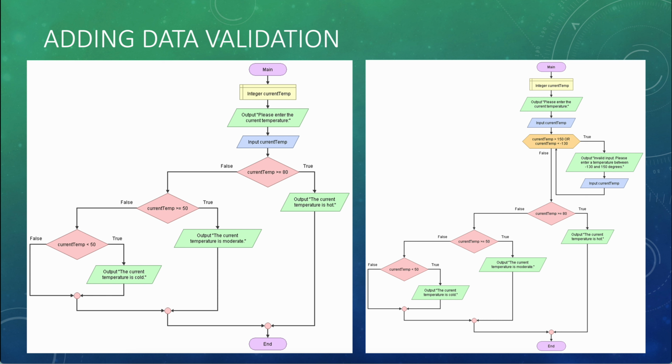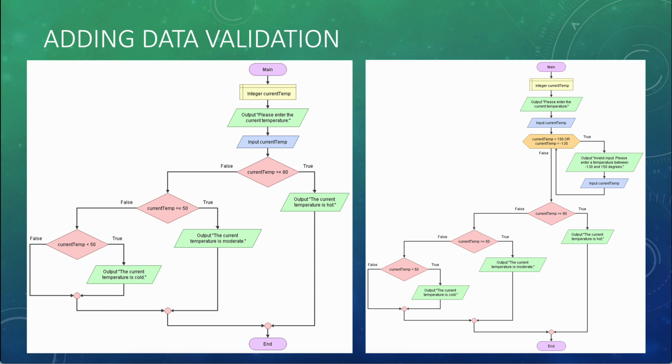So we can assume that if the user puts in something that far out of the expected range, then it is very likely a typo and it should not be processed. Because then they may get back the answer and be confused about why this temperature is considered hot, moderate, or cold, when really it's just crazy outside of the range.